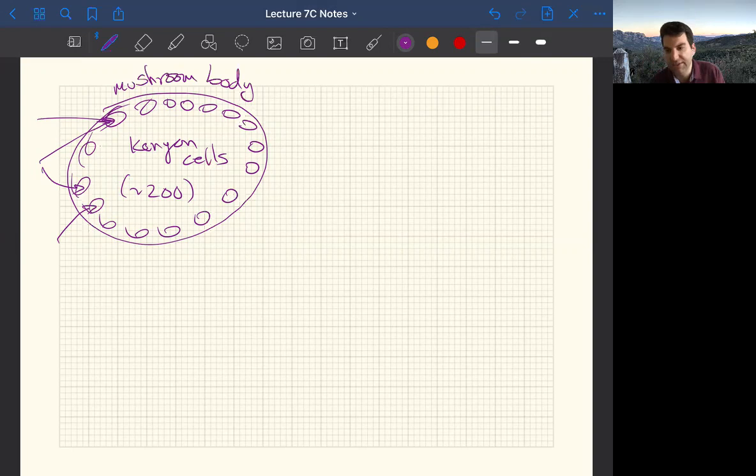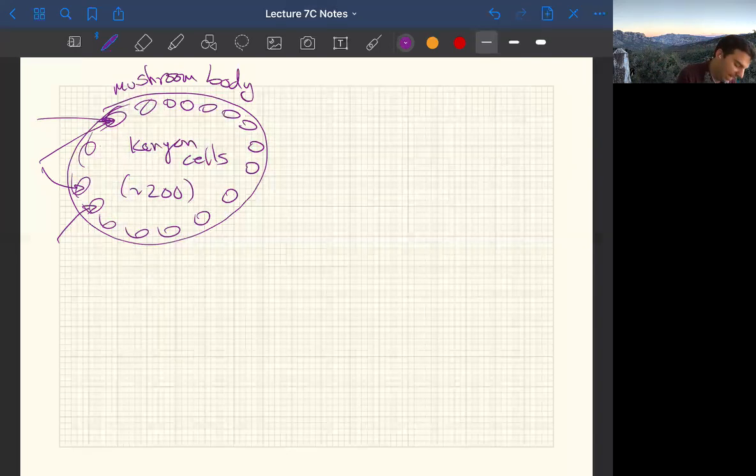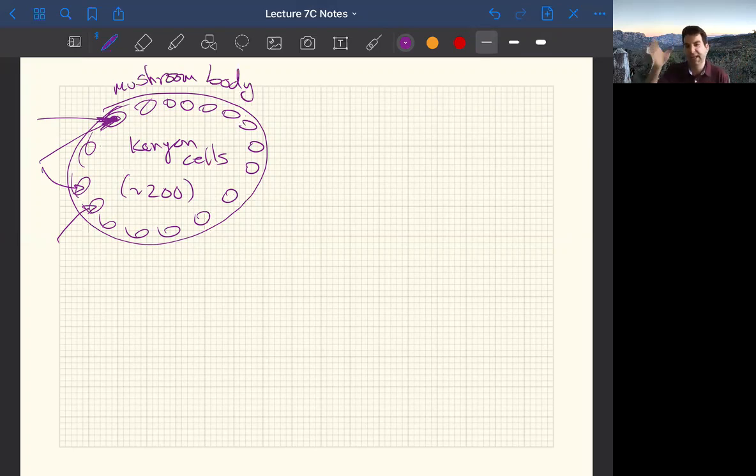And then how do you know which Kenyon cells are triggered? You can put another chemical at this side of the Kenyon cell and see where it's wired. Just like in a house where you don't understand the wiring, you can go to an outlet, clamp something onto it, and then go down to the breaker box and see which breaker it's connected to.